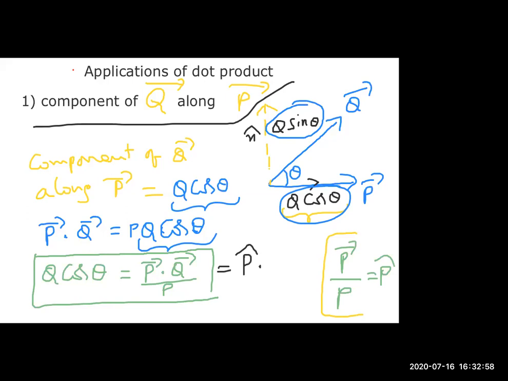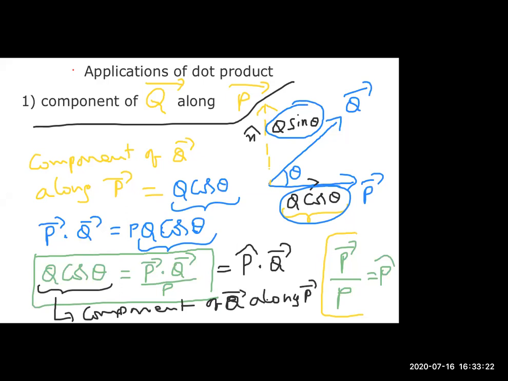So what I finally got, the component of Q bar along P bar, is nothing but P cap dot Q bar, or I can also write P bar dot Q bar by P. Like that we can write the component of Q bar along P bar.